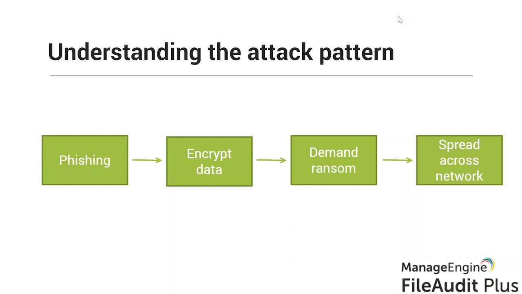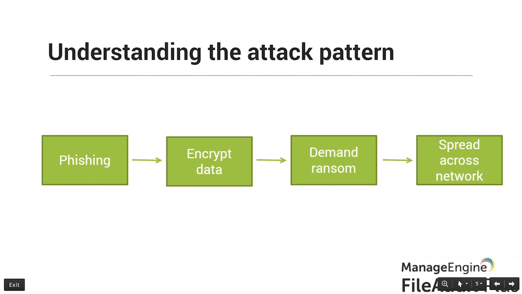It's typically Bitcoin worth about $300, which is what a lot of ransomware attacks have been demanding. It says pay $300 in Bitcoin within a certain period of time, after which your data is lost forever. It's encrypted forever. Even the key cannot restore the data for you.